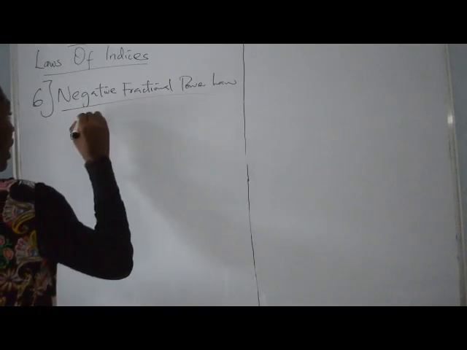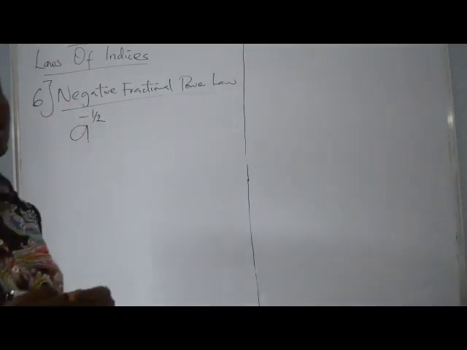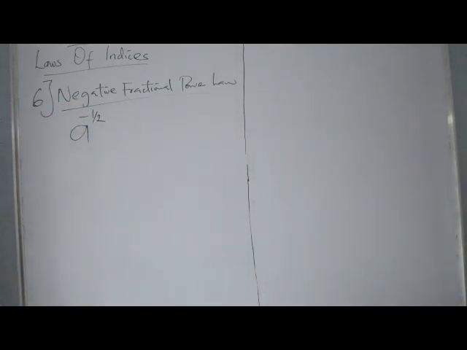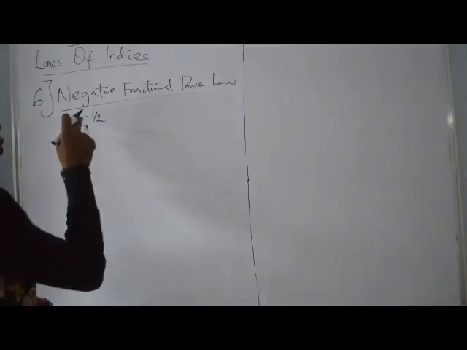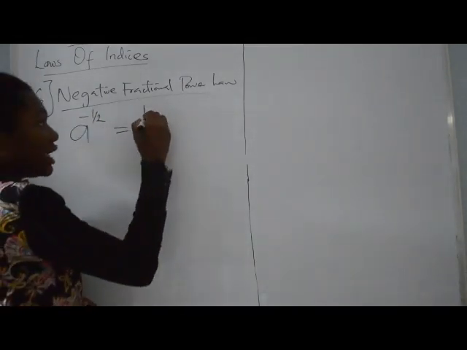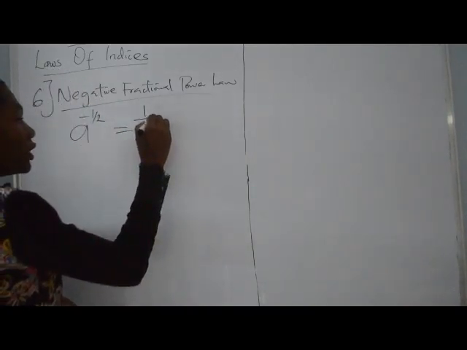For example, when we're given a raised to power negative 1 over 2, we can see our negative power as well as our fractional power. So we're going to be applying both rules on this, okay? The first thing we'll do, because of our minus, we'll be having an inverse, 1 over a raised to power 1 over 2.